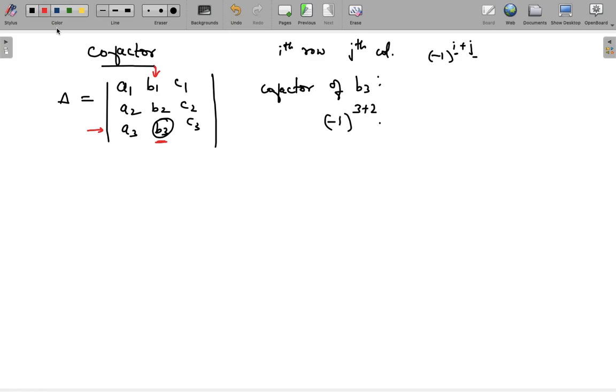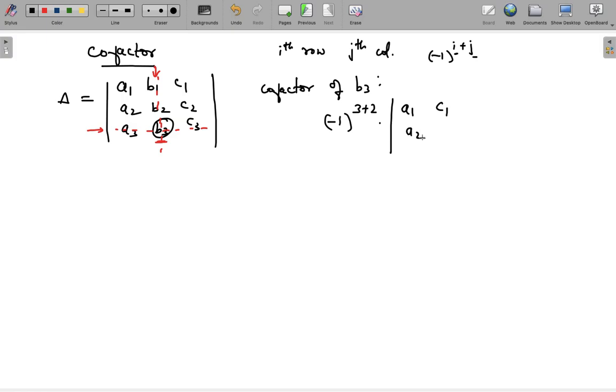Now let's imagine that we're deleting this particular row where b3 lies and the particular column where it lies. That is the row and column where this b3 intersects. That will leave us with these remaining elements a1, c1, a2, c2. So we are going to find the determinant of those remaining elements.